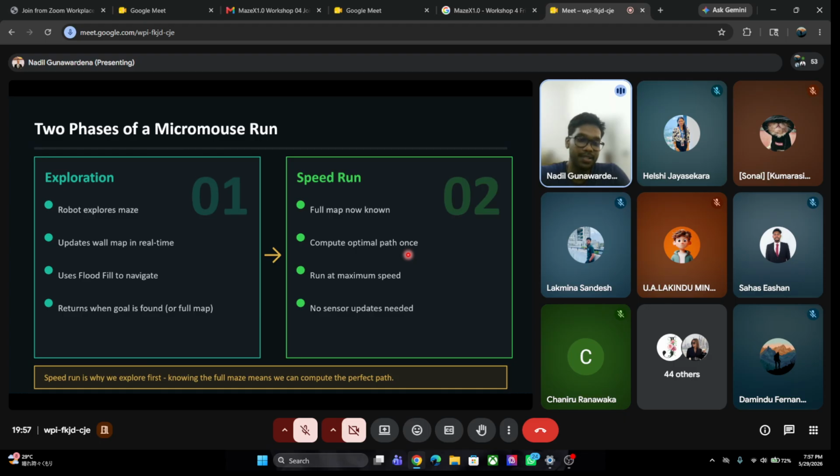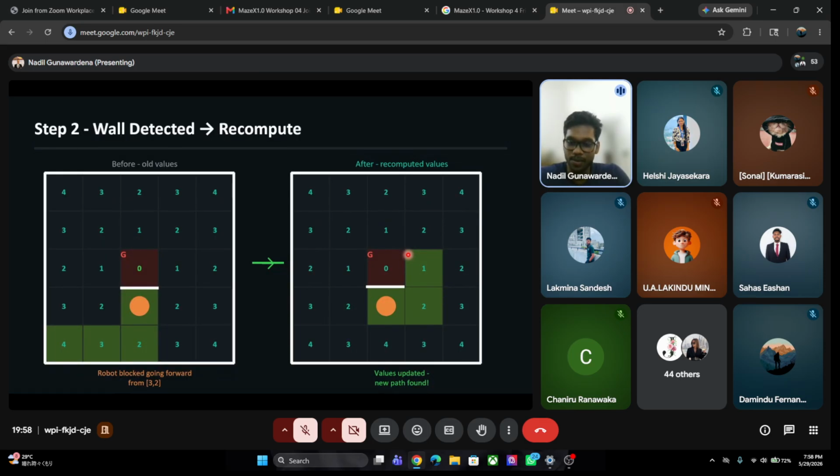There is a slight thing: in some cases the mice doesn't explore the entire maze. So sometimes the micro mouse needs to go 2 or 3 runs to explore the entire maze and update all the weights. All the weights means these ones, right?